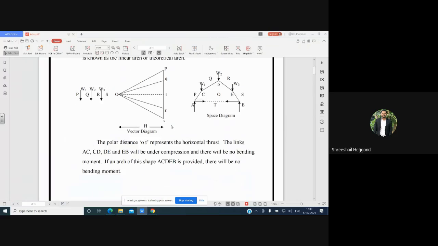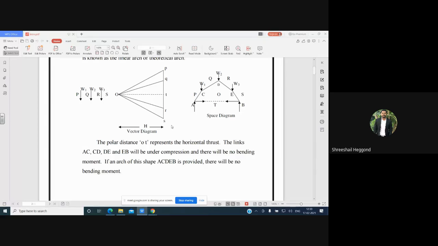The polar distance, that is OT, the distance from the bottom point to the top center, we call the polar distance OT, and it represents the horizontal thrust. The links AC, CD, DE, and EB will be under compression, and there will be no bending moment.